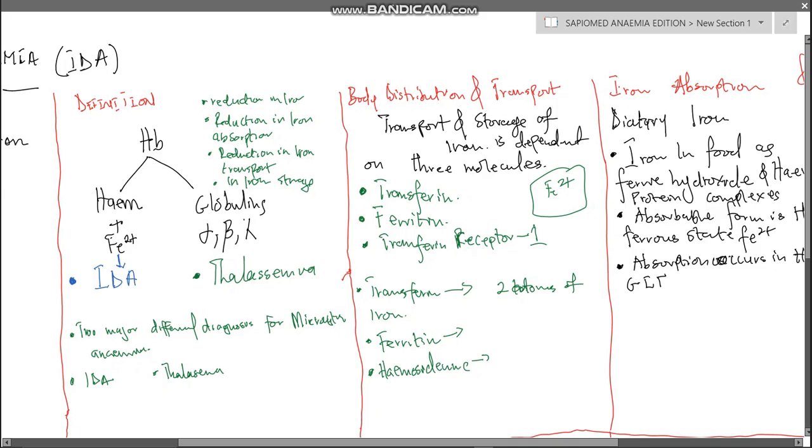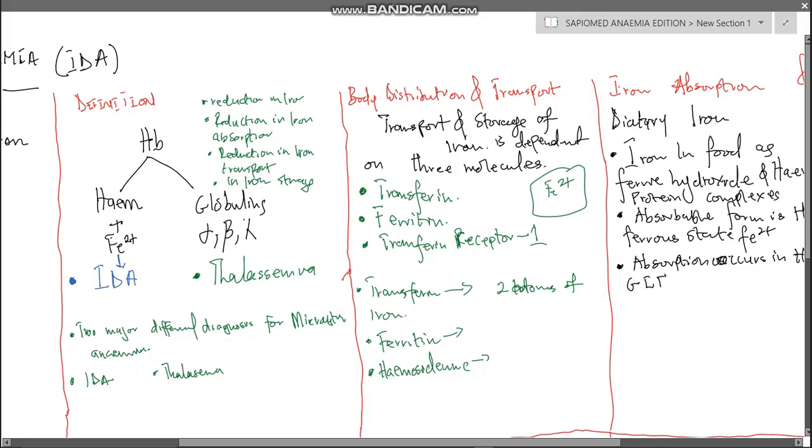So we have ferritin being soluble in water, and then hemosiderin being insoluble in water. So ferritin and hemosiderin are the stored forms of what? Of iron. So when there's excess iron, then the iron has to be converted into ferritin. So that when there is a demand for iron, the ferritin will now be converted back to the ferrous ion for hemoglobin synthesis to be possible.